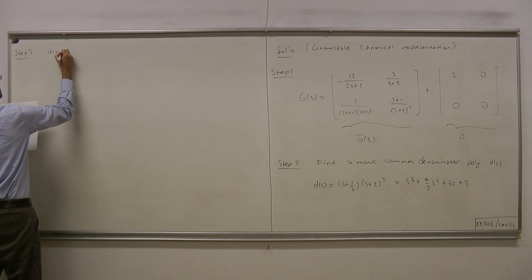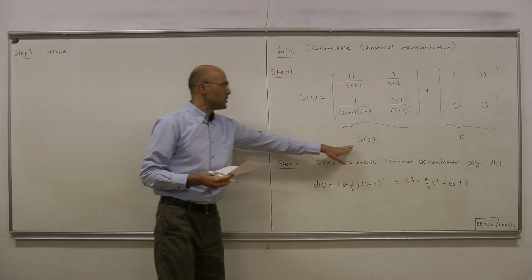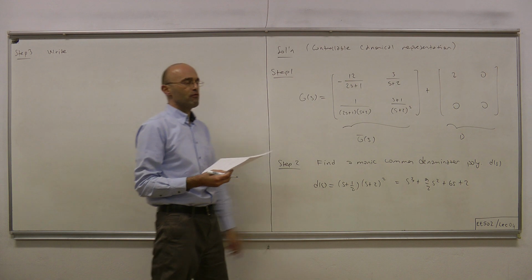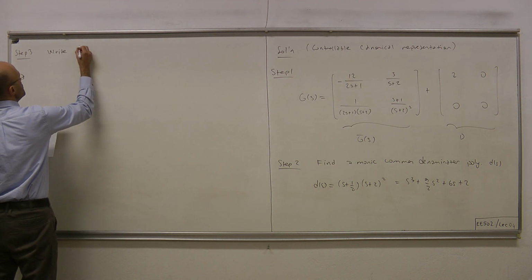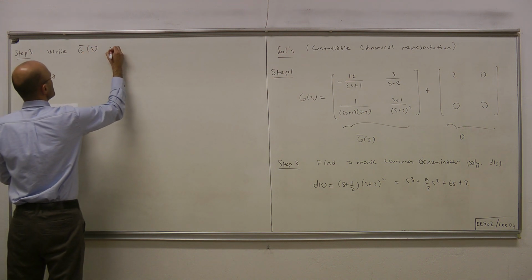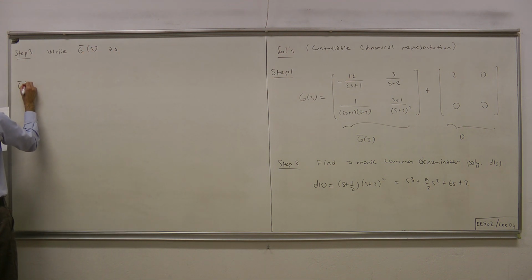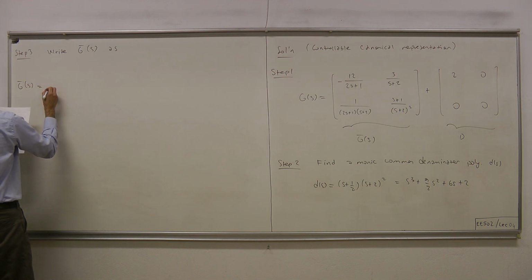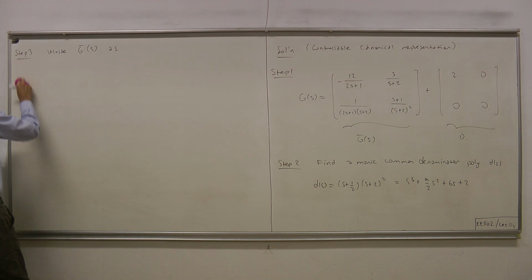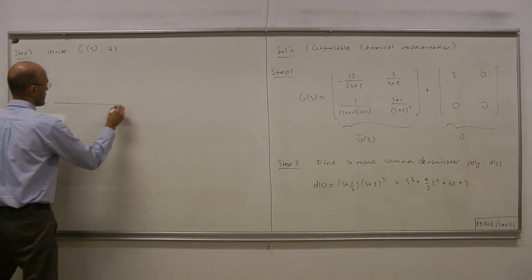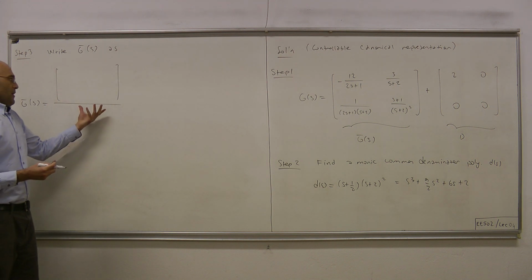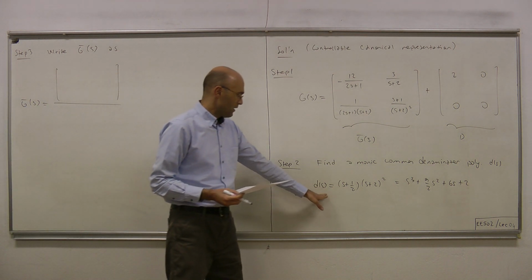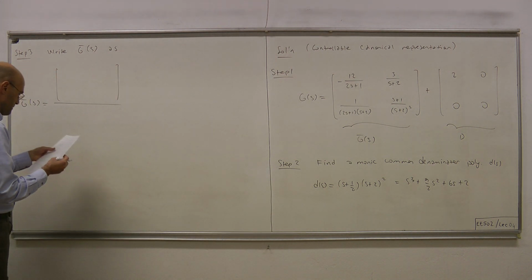Now, we express our strictly proper part of the transfer function, which we're calling g bar of s. Okay, write g bar of s as something, okay, that's being divided by our common polynomial d of s.